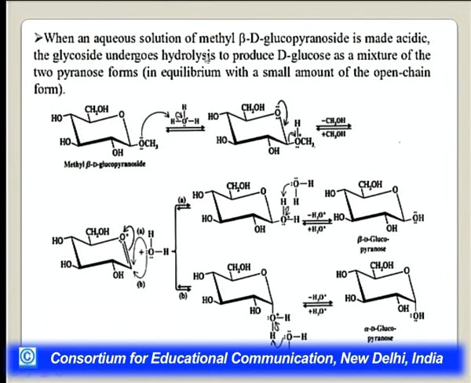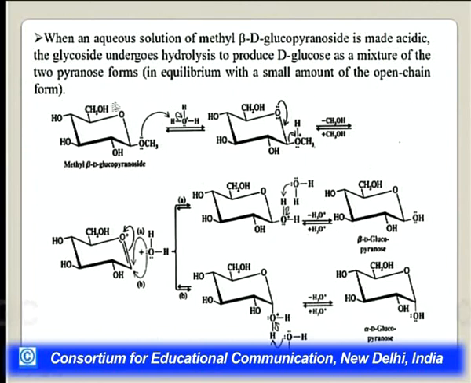When an aqueous solution of methyl beta-D-glucopyranoside is made acidic, we are taking it arbitrarily, not very specifically, the glycoside undergoes hydrolysis to produce D-glucose as a mixture of the two pyranose forms, in equilibrium with a small amount of the open chain also.